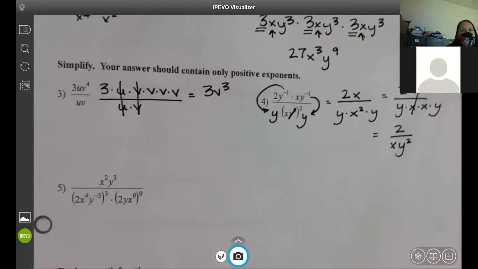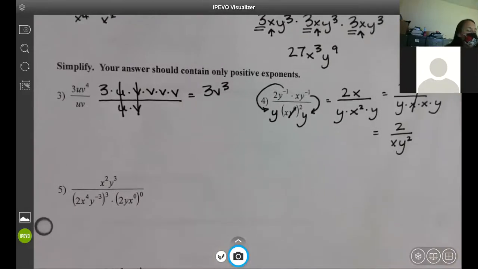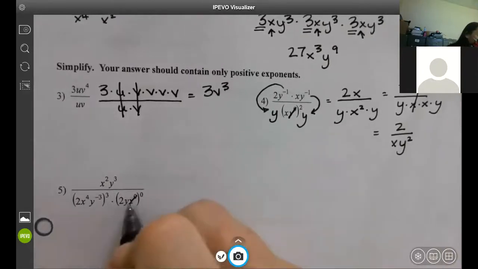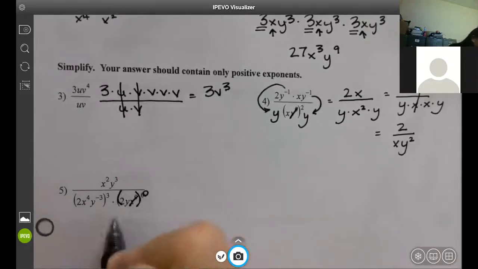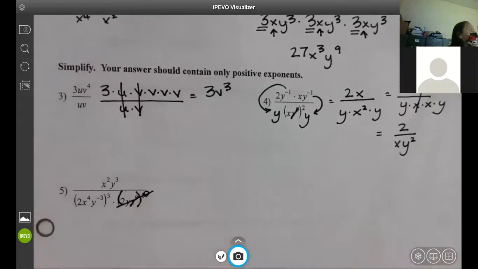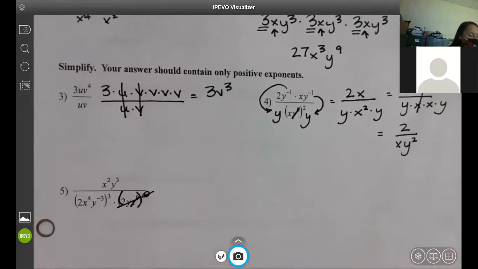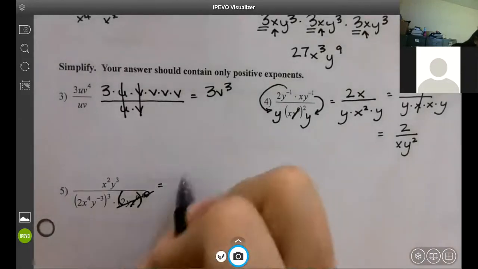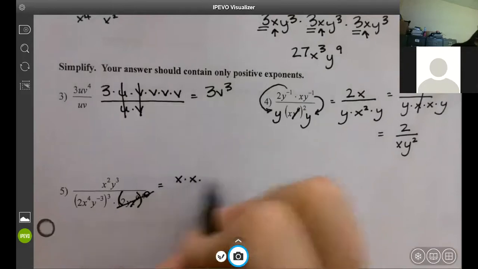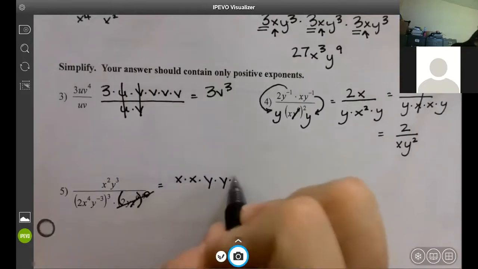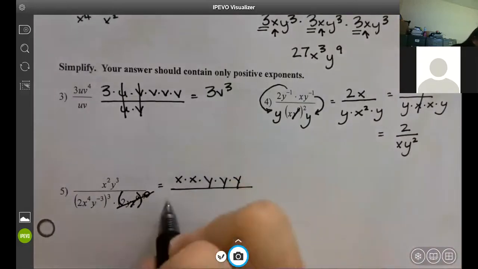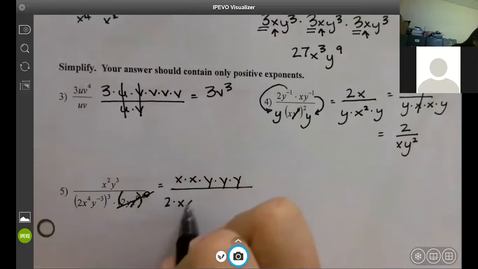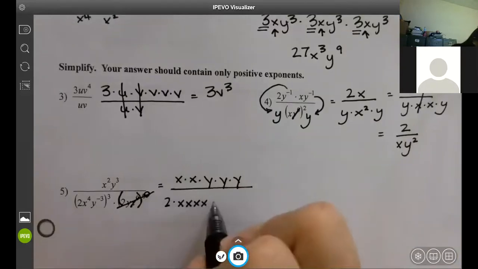All right. So again, anything to the 0 power is 1. So this x to the 0 would cancel out. But if you guys look, this whole thing is to the 0, so we can just mark it all out. On the top, I have 2 x's, 3 y's. On the bottom, I have a 2, 4 x's.